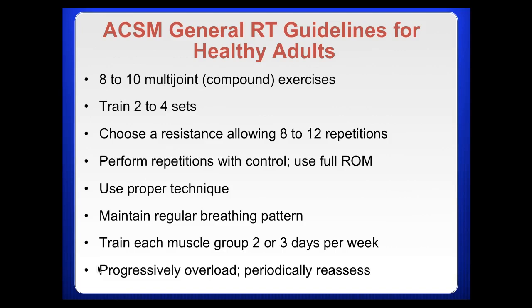Of course, you want to use proper technique to minimize any injuries and keep your regular breathing pattern, no Valsalva maneuver, and train each muscle group about 2 or 3 days per week, and use the idea of progressive overload. And throughout the program, you also want to reassess to make sure that you are working toward your muscular fitness goals.